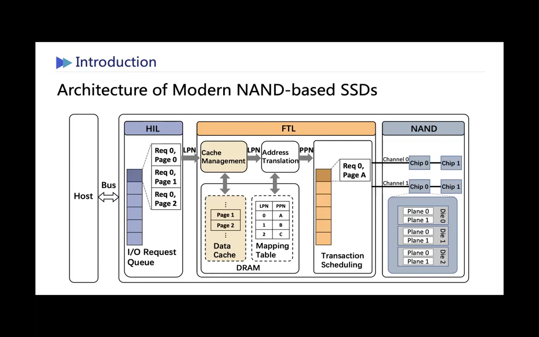As shown in the figure, the DRAM is deployed between the host interface logic and the flash memory. Besides storing the mapping table to support address translation, the DRAM is commonly used to buffer hot data of user applications.